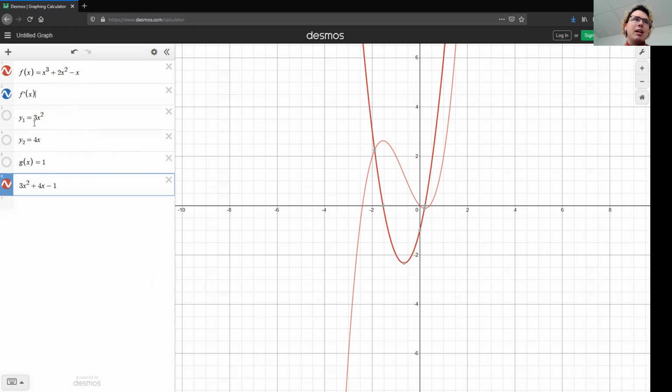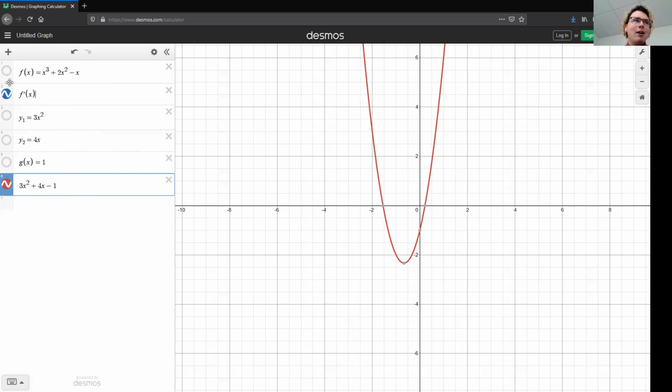I'm just following the operations from the way they were combined in my original formula. I've taken the derivatives separately. The derivative of x cubed is 3x squared. The derivative of 2x squared is 4 times x, and the derivative of x is 1. So subtracting my x, I get minus 1.